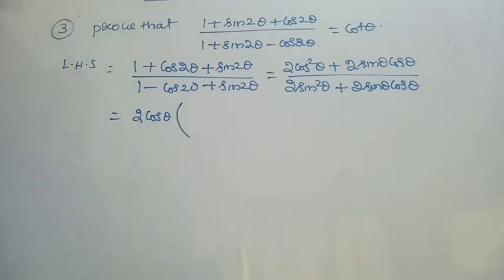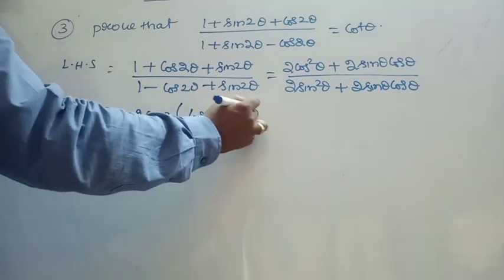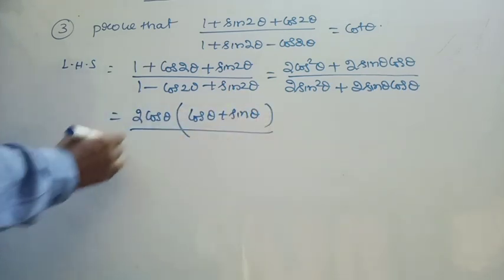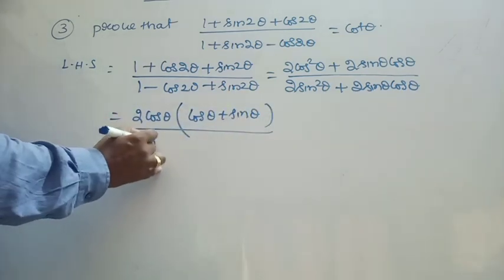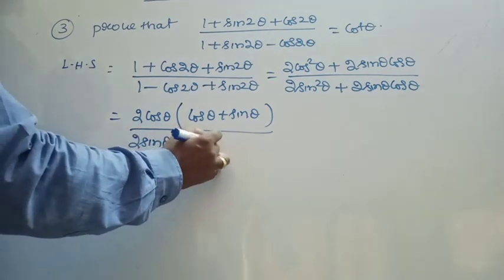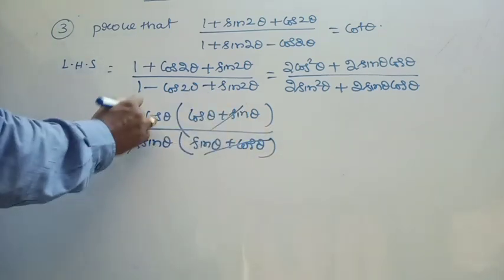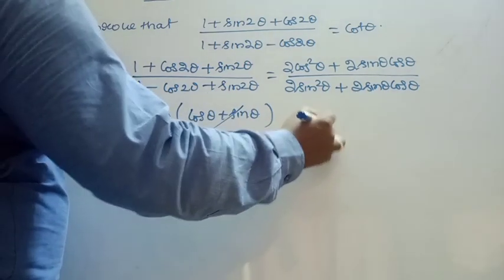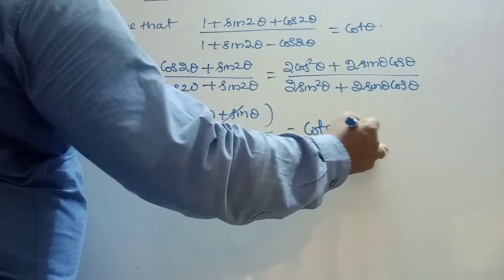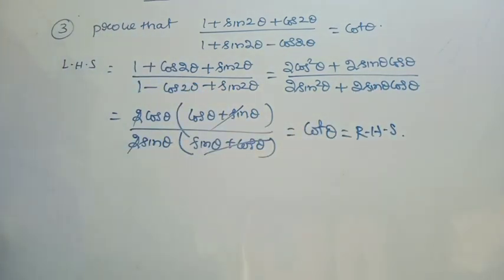We are going to have cos theta plus sin theta, whole thing divided by, if you take 2 sin theta common, sin theta plus cos theta. 2 will cancel. Now cos theta by sin theta becomes cot theta. That is the right hand side part. Wonderfully we have got this problem.